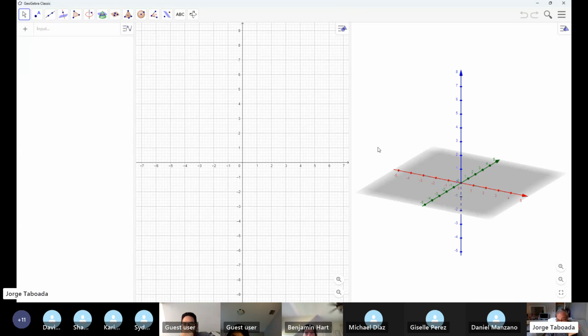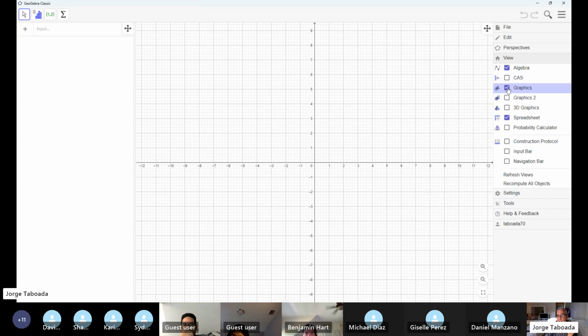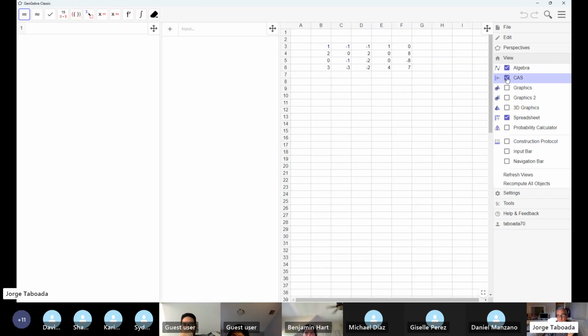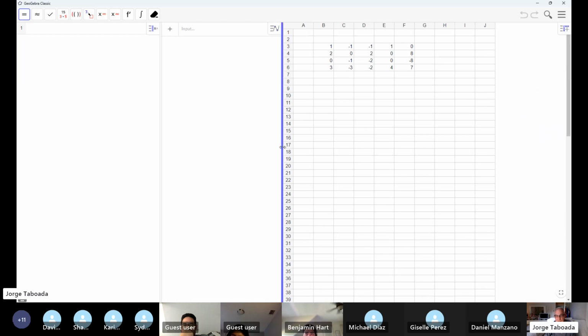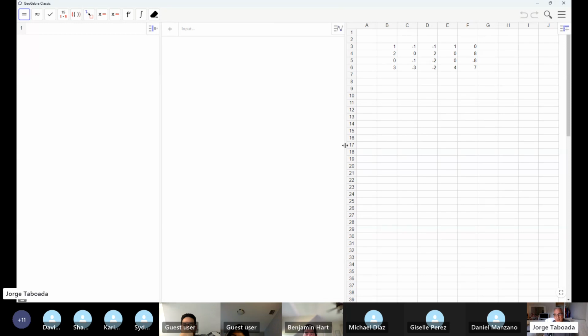But no, I don't want graphics. I want a matrix. So I go here again, go to view and select spreadsheet. No graphic, and CAS. What is a spreadsheet? A spreadsheet is similar to Excel. A spreadsheet is used as the matrix editor.